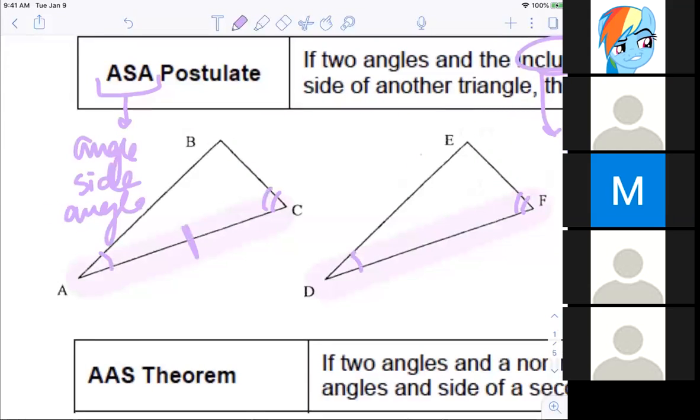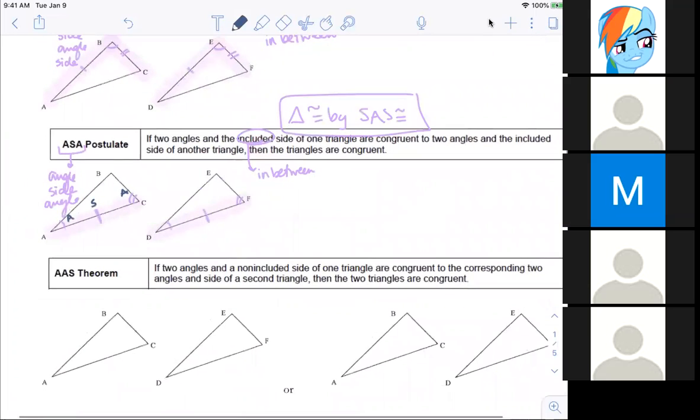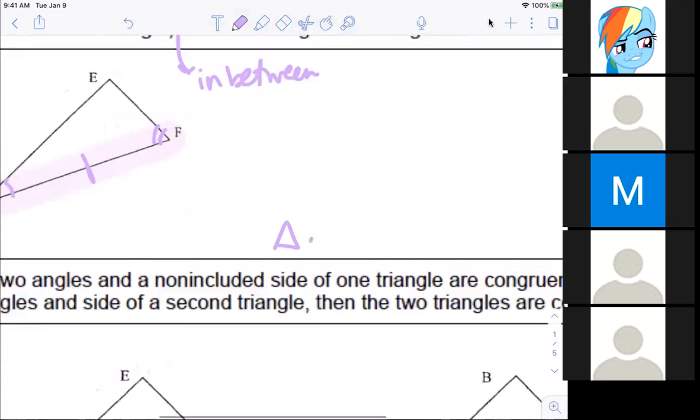So if that's congruent, I technically now have angle, side, angle. Again, the side is in between the angles. That's what's important. So I'm going to go down here and write triangles congruent by angle, side, angle congruence.